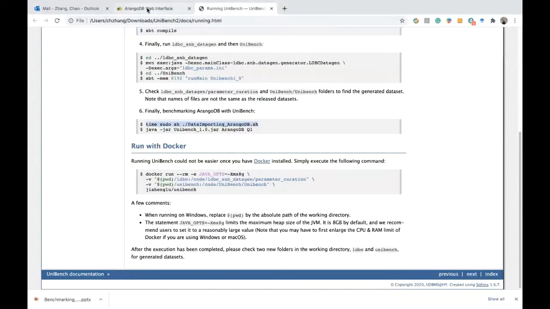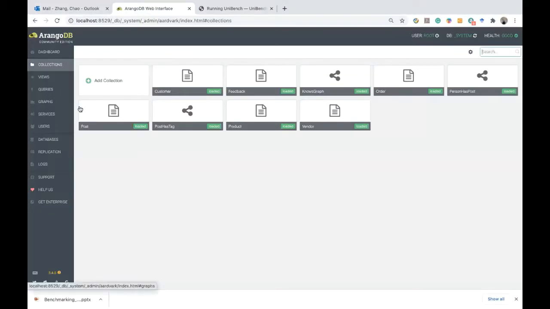So by looking at the ArangoDB web interface, we can see ArangoDB uses two types of collections to store the data: the vertex collection and the edge collection.